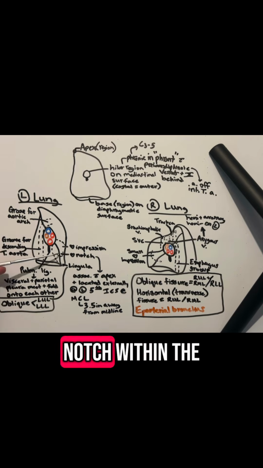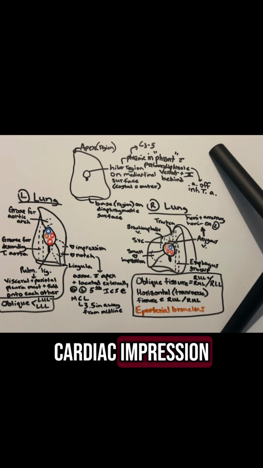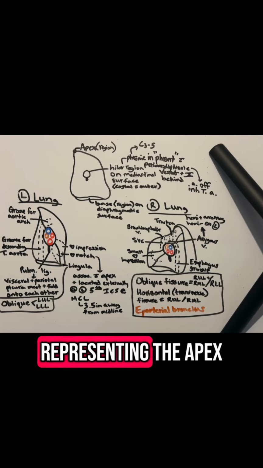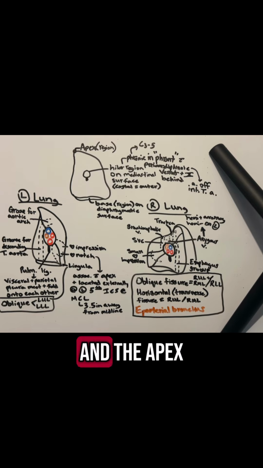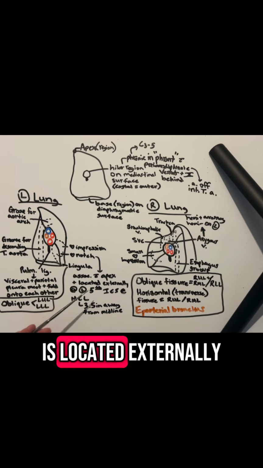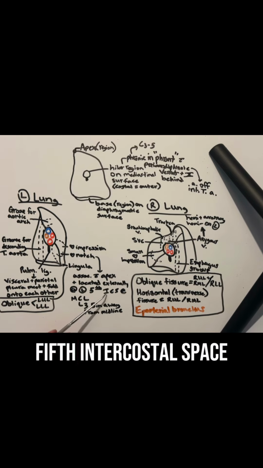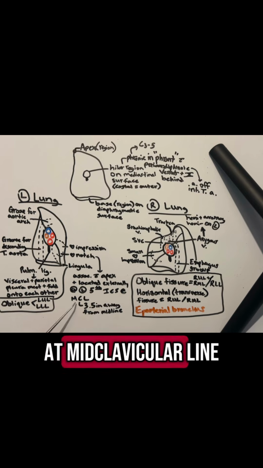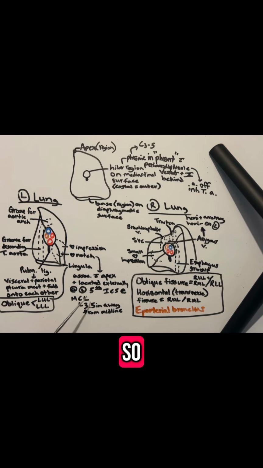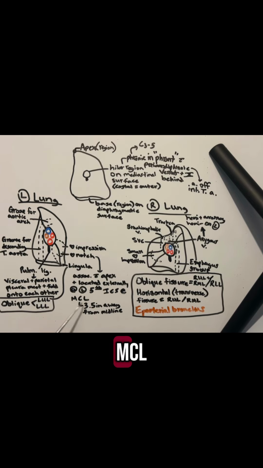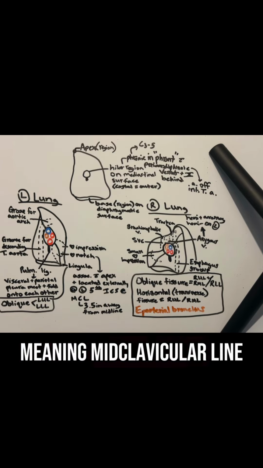And this cardiac notch within the cardiac impression is going to be an indentation representing the apex of the heart. And the apex of the heart is located externally on the body at the left fifth intercostal space at midclavicular line. So L for left, fifth for fifth, ICS for intercostal space, and then at MCL, MCL meaning midclavicular line.